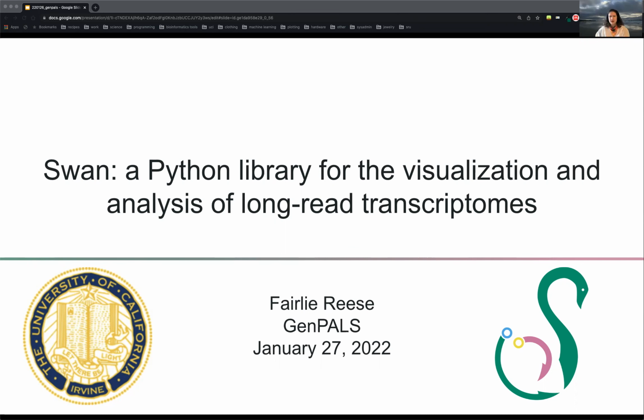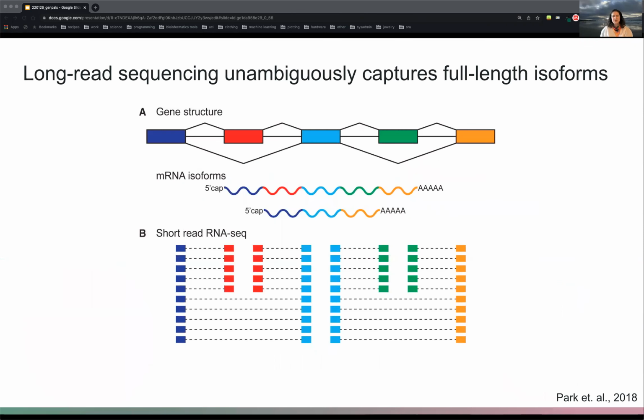Okay, so first I'm going to go over what sort of data we use with Swan. Swan is designed for using long-read RNA sequencing data. Long-read RNA sequencing data is advantageous compared to short-read RNA sequencing data because we can capture full-length isoforms.